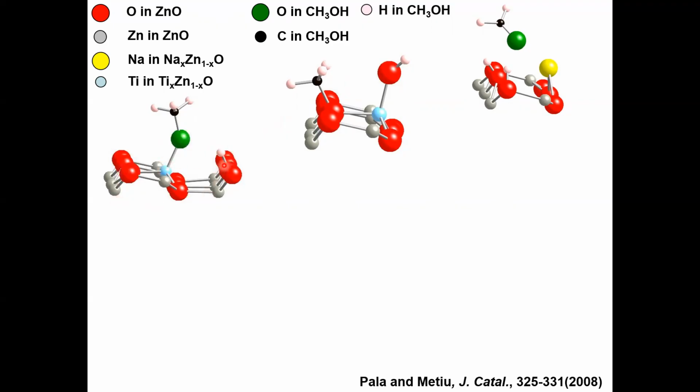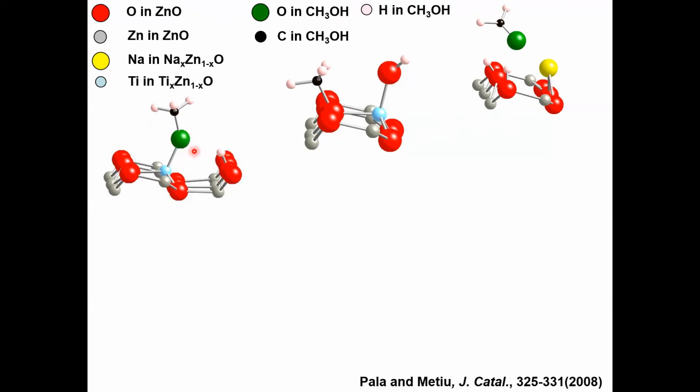What am I representing? This is a small fragment of the catalyst. I have a host oxide, and I have a dopant. I am adsorbing methanol. This is a dissociative chemisorption. What do I mean by that? As I adsorb methanol, I am dissociating a particular bond. I form a methoxy radical and an OH moiety here.